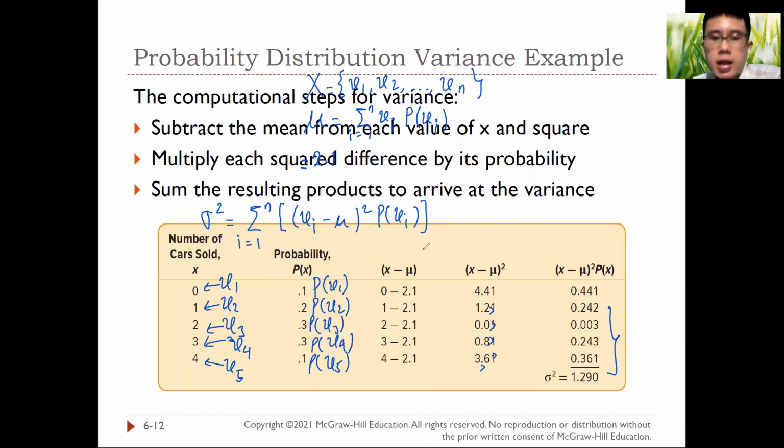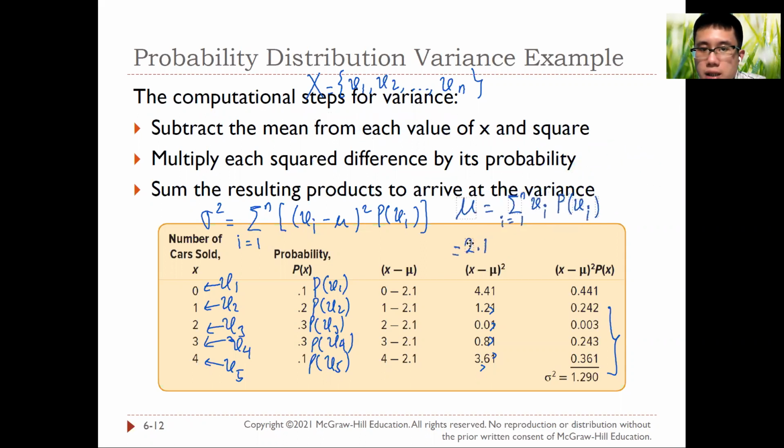Let's add a column here, x minus mu. We subtract 0 with 2.1. It's our value. So our mean is 2.1 here. 0 minus 2.1, and then 1 minus 2.1, and so on.